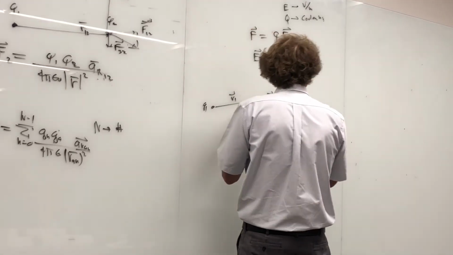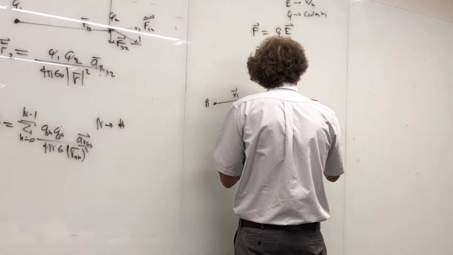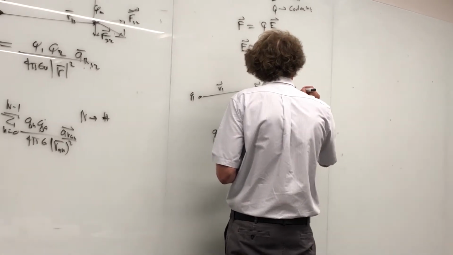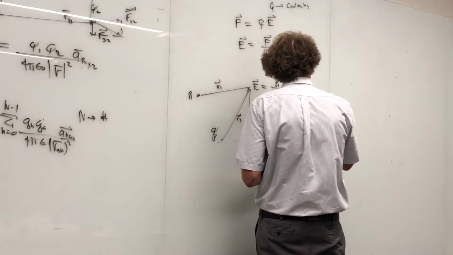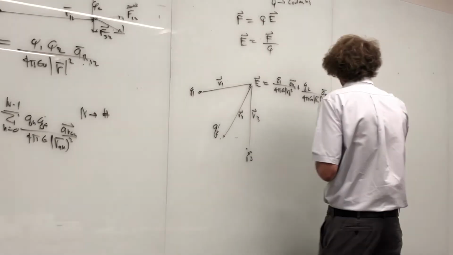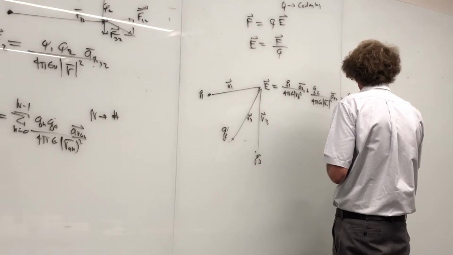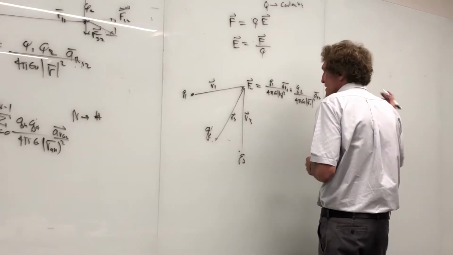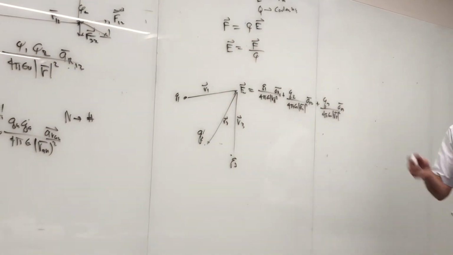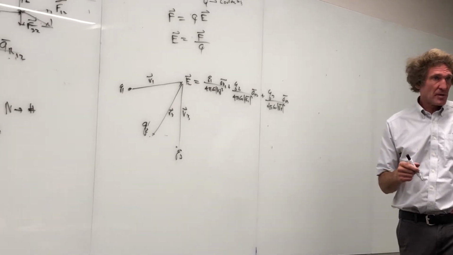Then I could say E here is really going to be equal to just Q1 over 4 pi epsilon naught, and then it would be R1 magnitude squared, AR1, plus Q2 over 4 pi epsilon naught magnitude of R2 squared, AR2, plus Q3 over 4 pi epsilon naught magnitude of R3 squared, AR3, and so forth. And you could write this in terms of a sum, but I'm just saying now you take a look at the electric field components from each of those things, add them vectorially, and it has to be added vectorially. Follow me on this, class?